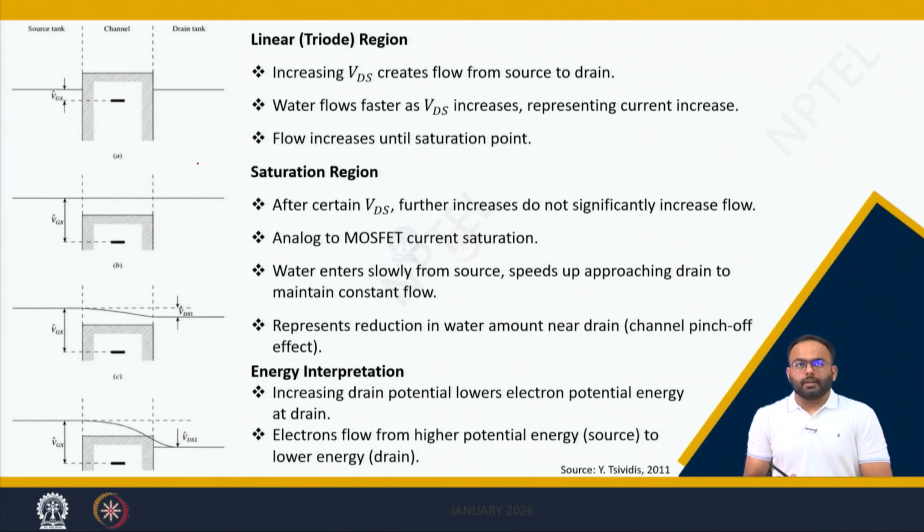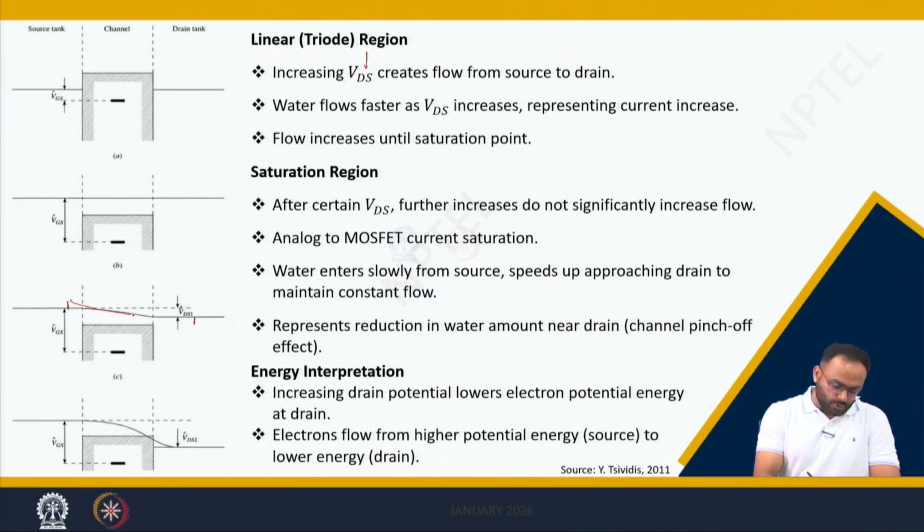Now, what will happen when you apply a small VDS? Then there is a level difference, there is a flow of water from the source tank to the drain tank, and hence the current rises linearly. But after a point, the saturation region is achieved, meaning even if you increase VDS, because of this edge constraint, the flow of water is limited, or constant.